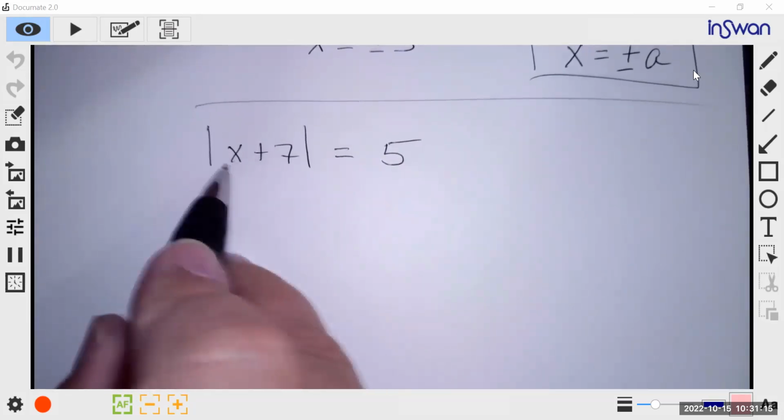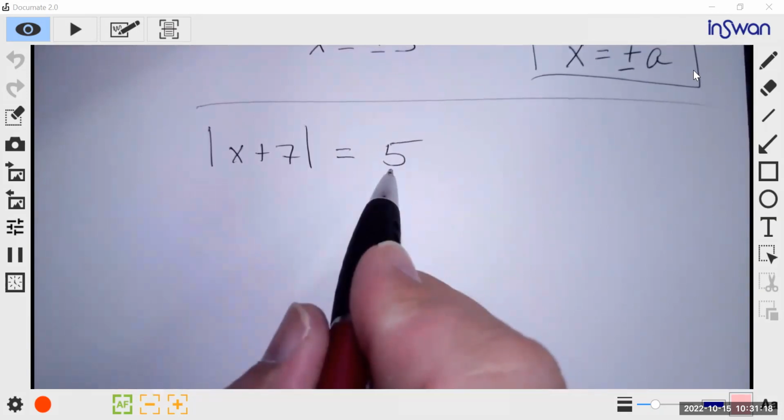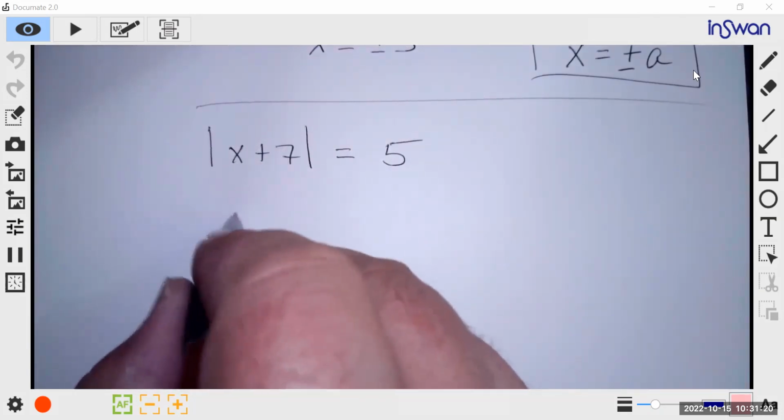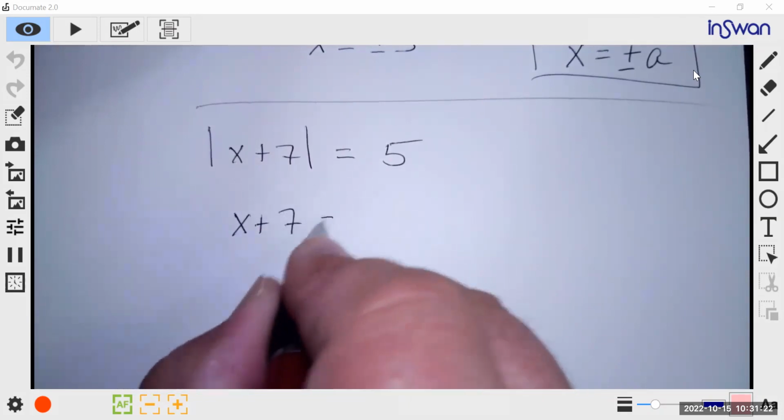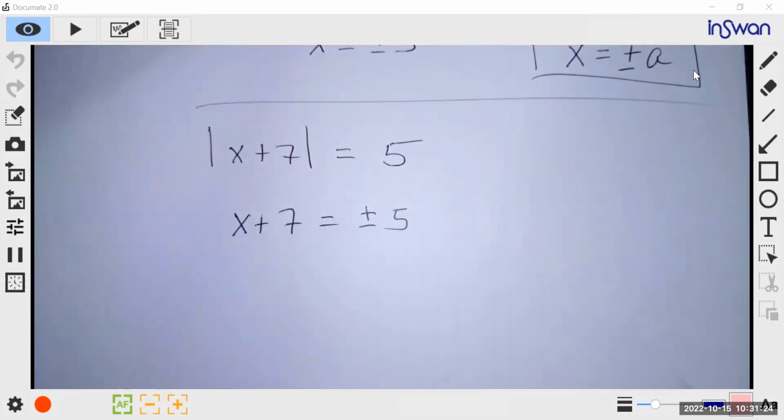I have the absolute value isolated, equals a number. Now I can drop the absolute values. If I drop the absolute values, I put a plus or minus in front of the answer.